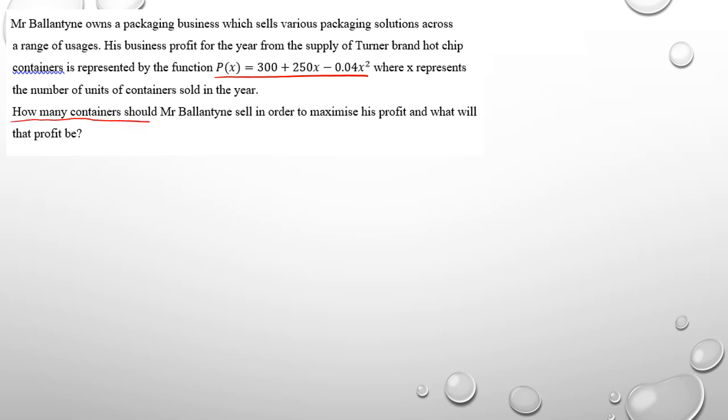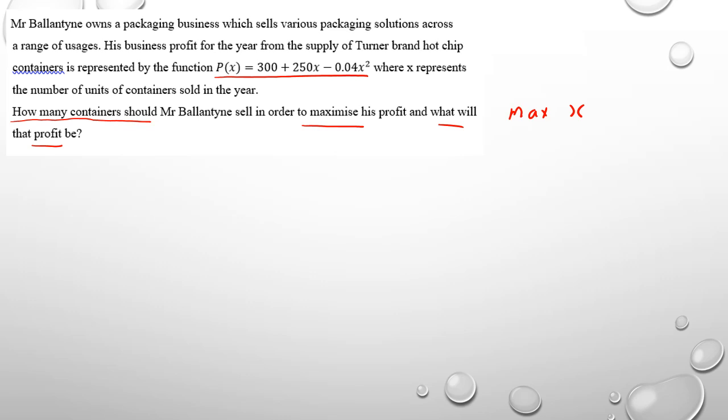So that means they want the maximum x, and because it says maximum profit, they want the maximum turning point, and then after that you find what the profit will be, so they want the maximum profit. So there's two parts of the question.